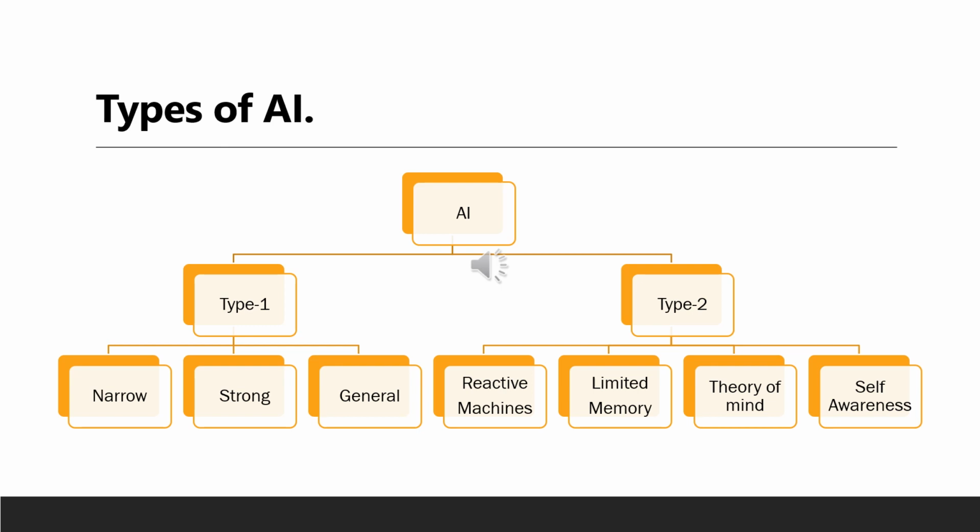General AI is a type of intelligence which could perform any intellectual task with efficiency like a human. The idea behind general AI is to make a system which could be smarter and think like a human on its own.